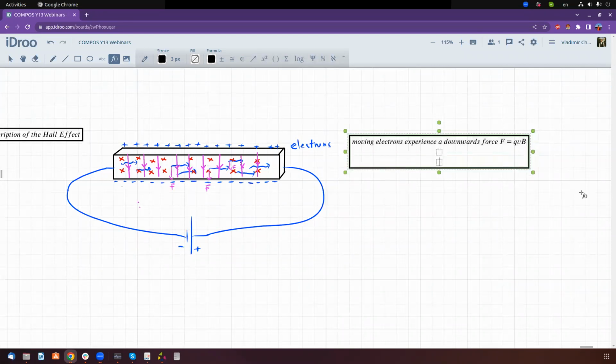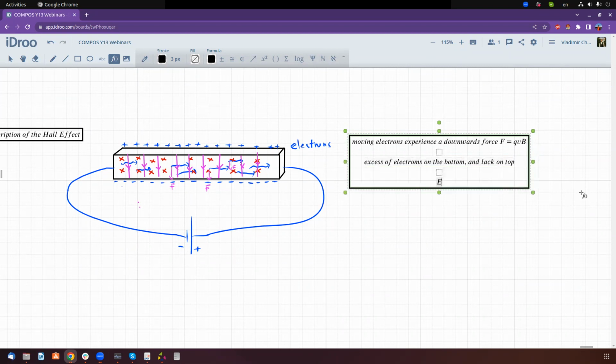Then there's an excess of electrons on the bottom and a lack on top.